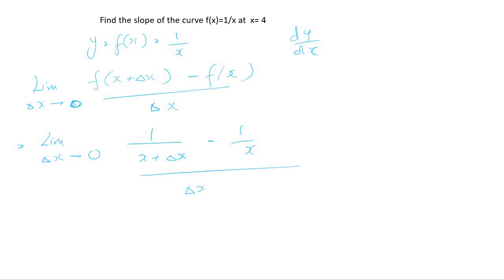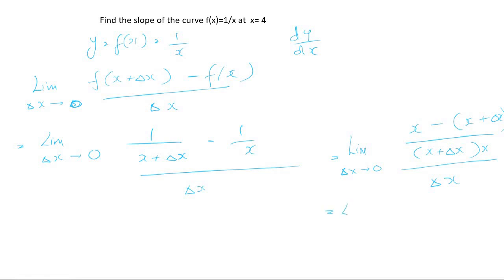So we take the common denominator here: the limit as delta x tends to 0, we take x plus delta x times x, and here we get x minus x plus delta x, and the whole thing we divide by delta x.